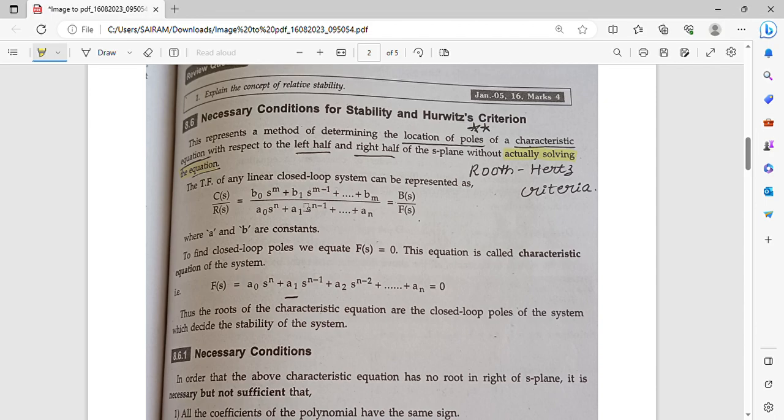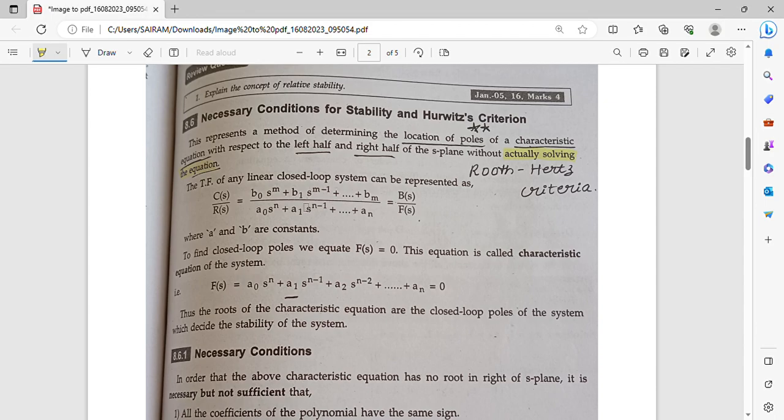There are many methodologies, but without using those, we are going to find out the locations of the poles of a characteristic equation with respect to right and left half of the S plane. That is the thing, right? So you don't solve the equation with the methodologies you have in mathematics, but here you're going to solve it in a different manner without using that, right?